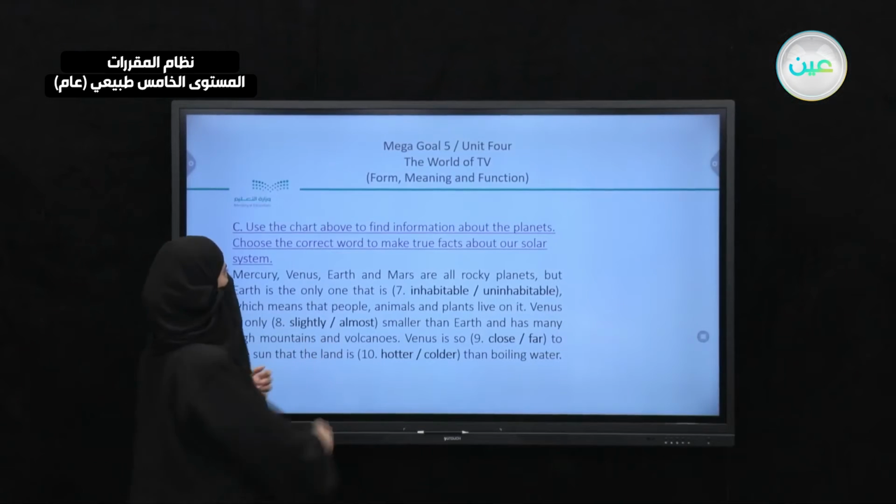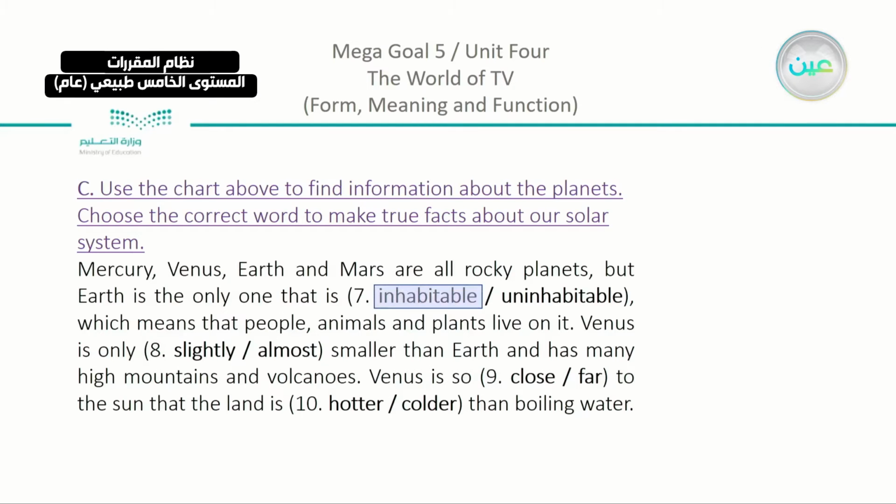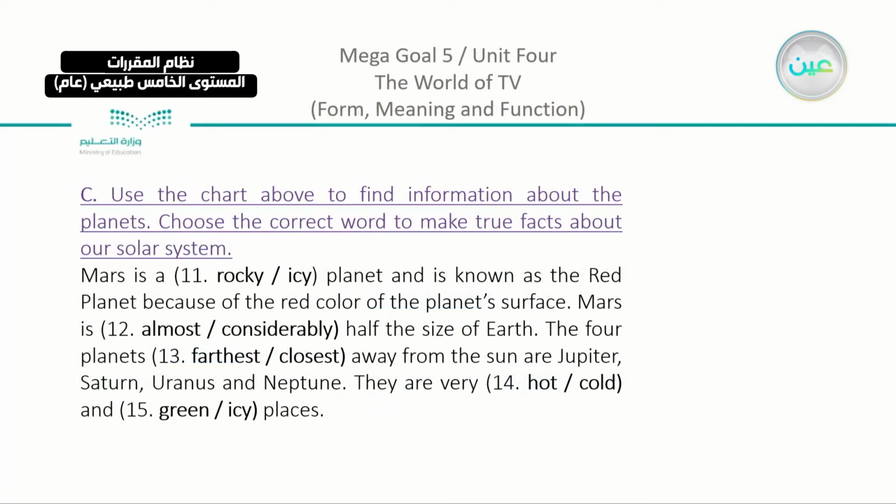So we're going to say that yes, Earth is habitable. And after that, we have here Venus is only slightly or almost smaller than the Earth. Now number 8 is going to be slightly. Venus is so close or far to the sun that the land is hotter or colder. Now we have here the word close, and the last one is going to be hotter. Moving on.